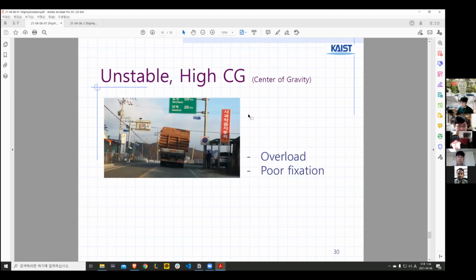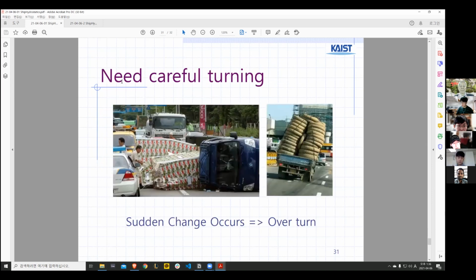If we get a high center of gravity, we need careful turning, because if a sudden change occurs, then it overturns. So if we turn, then our ship or this truck gets tilted. Then the center of gravity is not over this surface, so it gets overturned, like this figure.